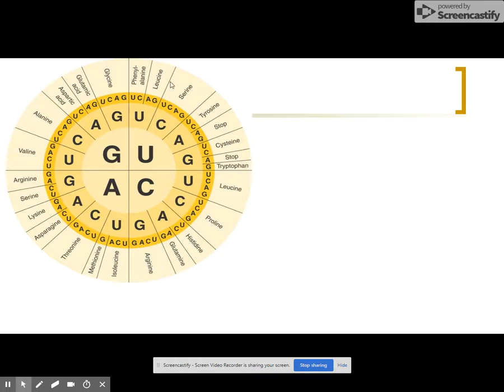All of these on the outside are different amino acids. And notice how AUA and AUC and AUU all code for this isoleucine amino acid. So that's what I meant by some amino acids can be coded by more than just one codon.